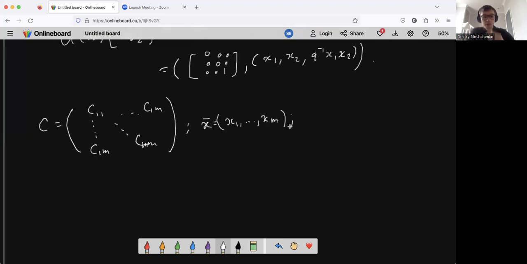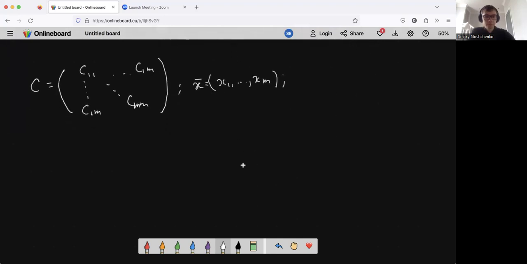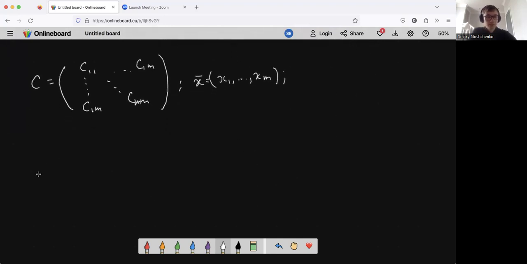So when we do unlinking, we do some modification here. So uij of C would be some blocks. Essentially the first block is of the same size.